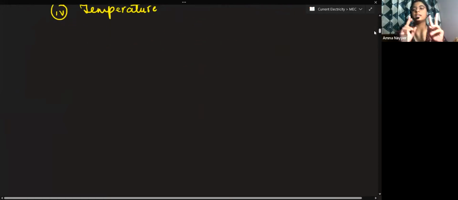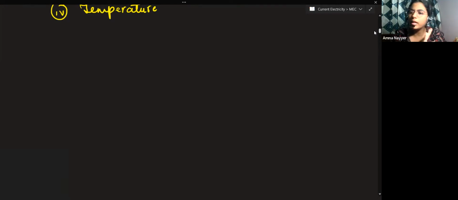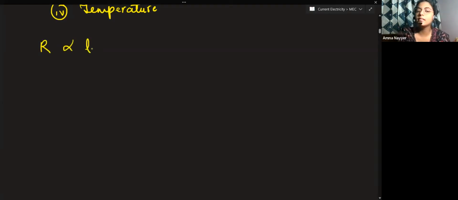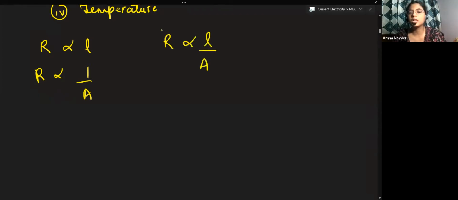Okay, now the other quantity that I was mentioning to you, resistivity. See, if you have understood resistance clearly, then understanding resistivity is easier. On which factors did resistance depend? We have seen first was length. So resistance depended on length. Resistance also depends on area of cross section in this manner. Now, if I combine all these proportionalities, what do I get? I see that resistance is directly proportional to length by area.